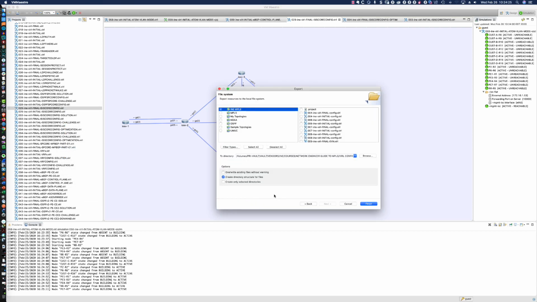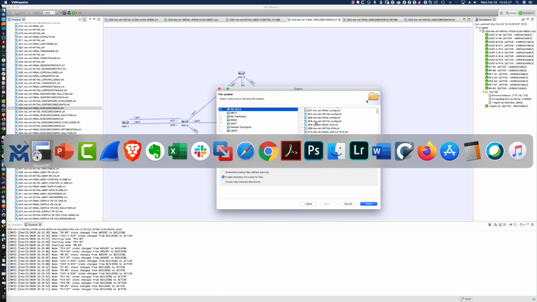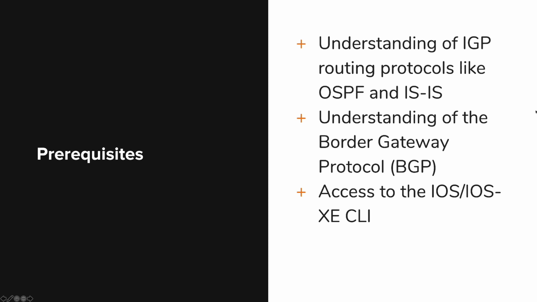So let's talk about some of the prerequisites related to the course. You need to have an understanding of IGP routing protocols like OSPF and IS-IS. Now, expertise is not required, but a basic foundational knowledge is. You're going to need to have an understanding of the Border Gateway Protocol, or BGP. Again, expertise is not required, but highly recommended.